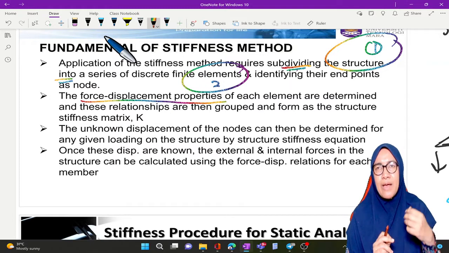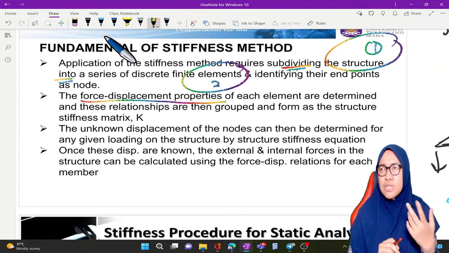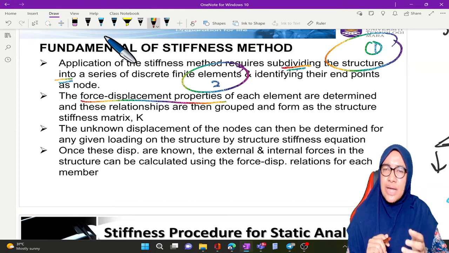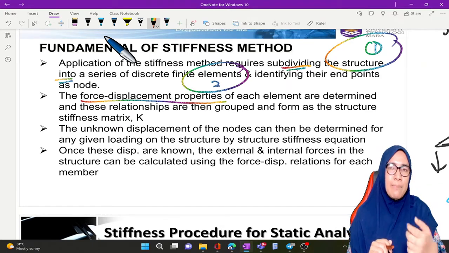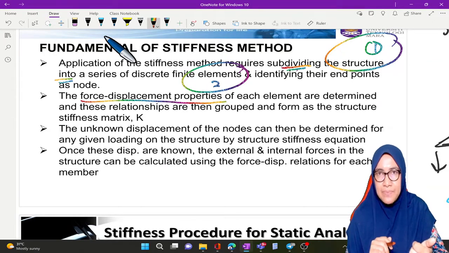Then we have to apply the cross section area, the geometric properties, and the material properties. Material properties refer to E, the modulus of elasticity.